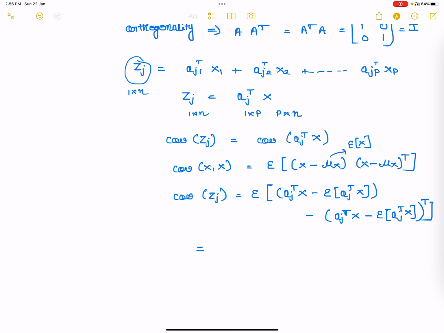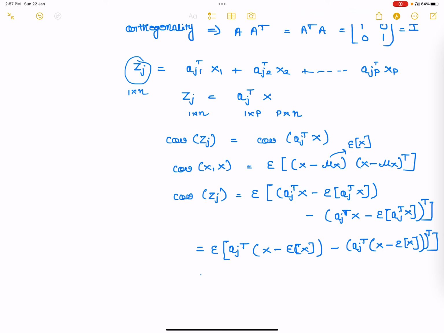Coming back to the next step, Aj transpose. These are all constants, so we can take them out. So Aj transpose, I am taking it common. Let us put the expectation here, and it will be X minus E of X. Aj transpose I am taking common from here also. There is no problem in this because they are all constants, and the entire transpose.